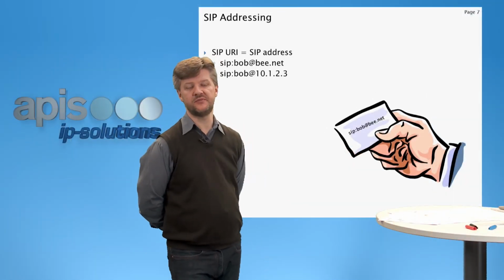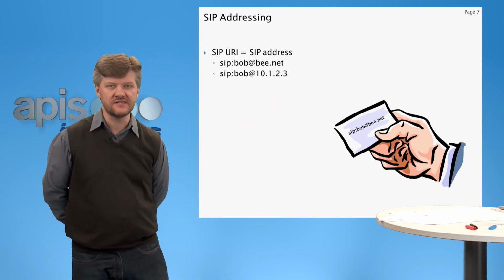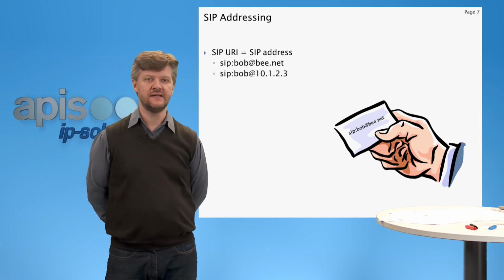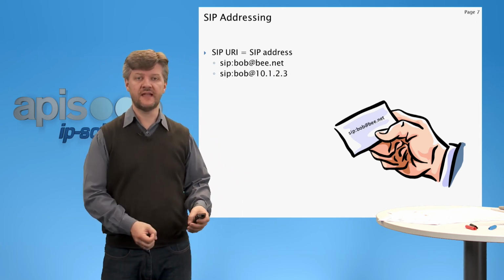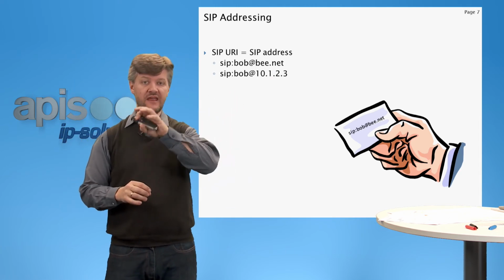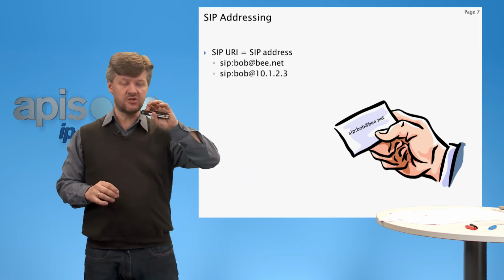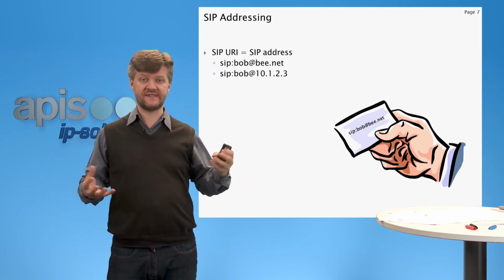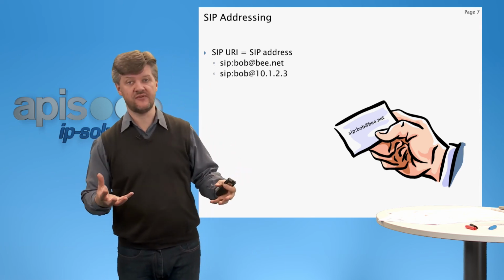But as I mentioned previously, just replace that with address anytime you see it. URI is an address. It's also used in something called a request URI. That's the address that's on top of every request, where it says invite Bob. It's in the top of the request, and it's called the request URI. But you can also just think of it as the request address.